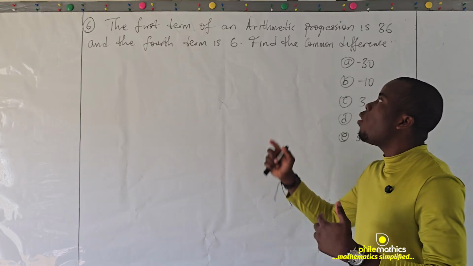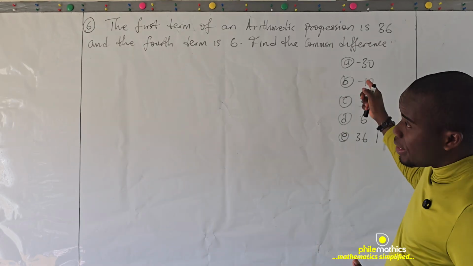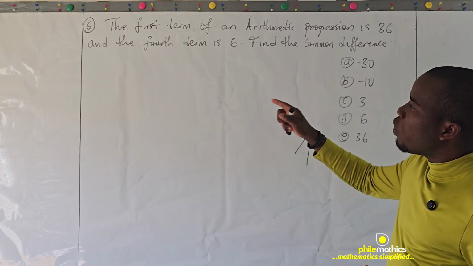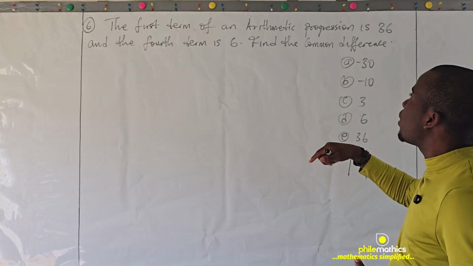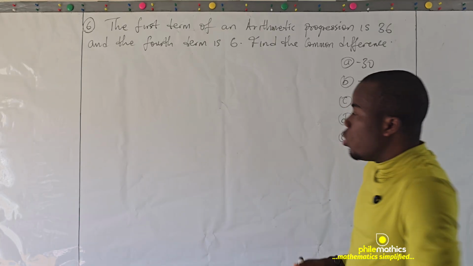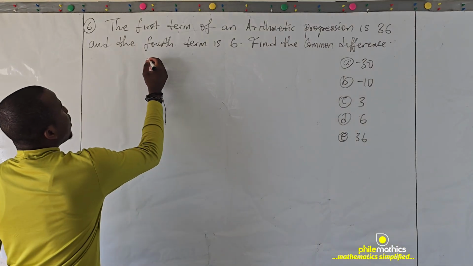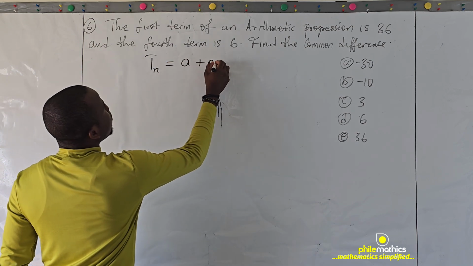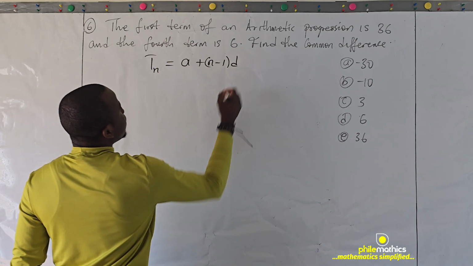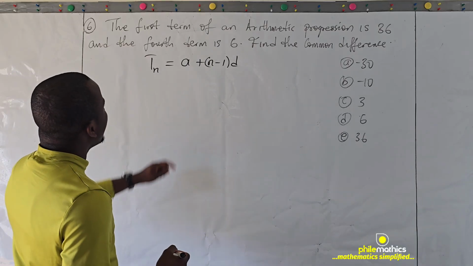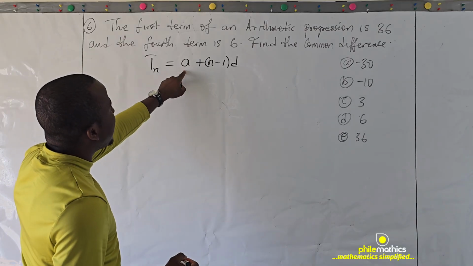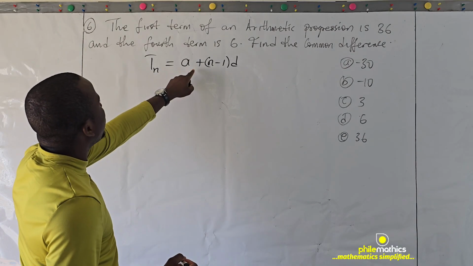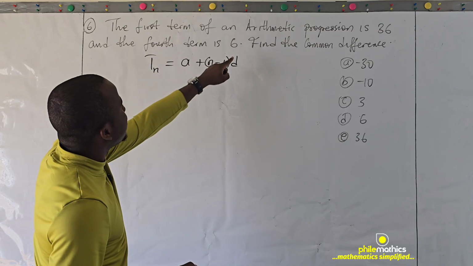The first term of an AP is 36, and the fourth term is 6. Find the common difference. We recall that the nth term of an AP is A plus n minus 1 D. We are given that the first term is 36 and the fourth term is 6.